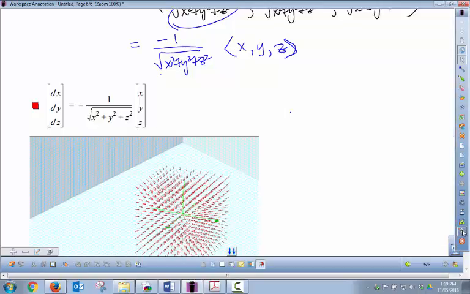Closer. Gravity. This looks like a gravitational field, right? Gravitational force. If you're the Earth, and we'll put a sphere here if we want, these arrows pointing downward are pulling towards the center of the Earth. It's a gravitational field.